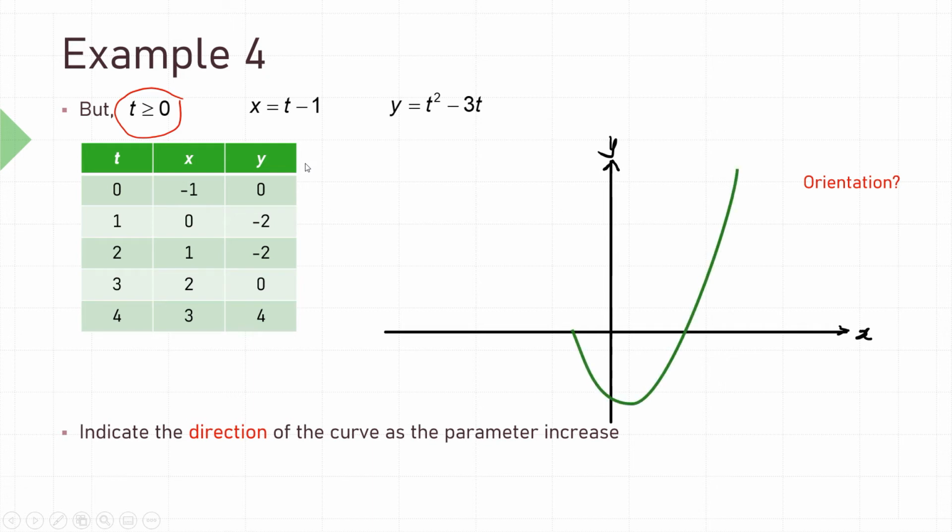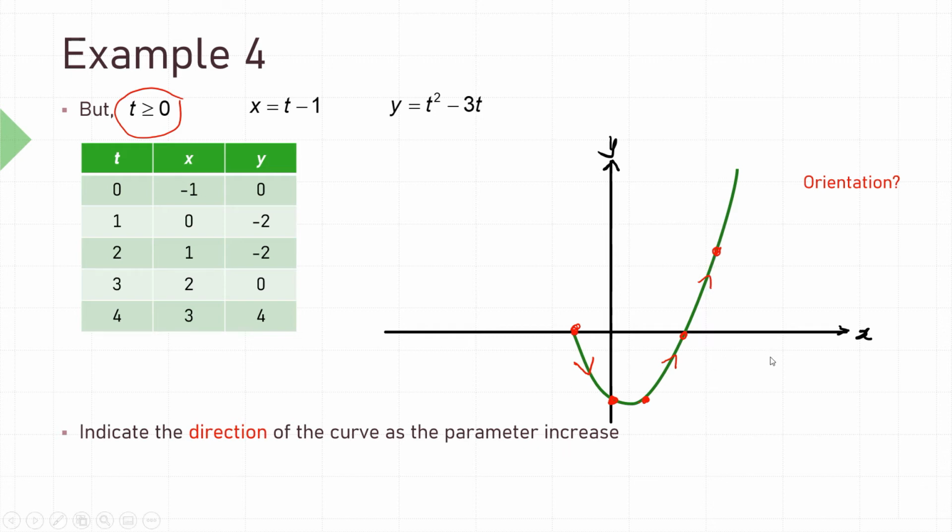You can actually plot this starting from (-1, 0) until (0, -2), until (1, -2), somewhere around there. Then we have (2, 0) and (3, 4), something like that. So this starts from this initial point up to that. In this case we don't have a terminal point. So this is the direction of the curve.